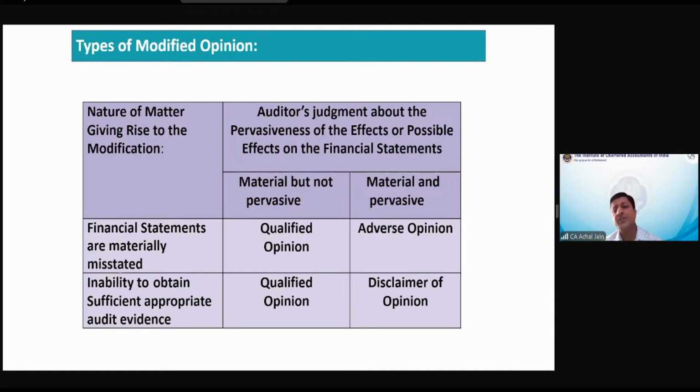So there are two situations. One, the auditor has planned to obtain certain information from the company, something which you call sufficient and appropriate audit evidence. So the auditor has planned to obtain something, and the auditor has got the required information.